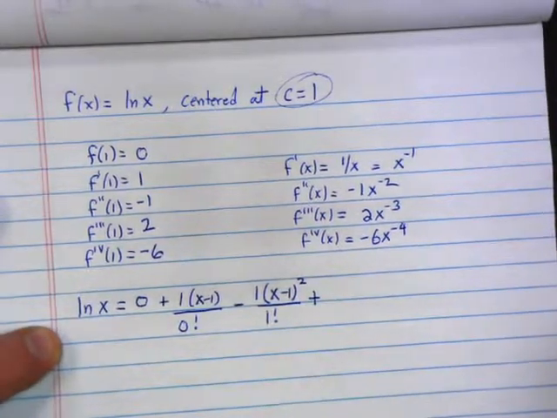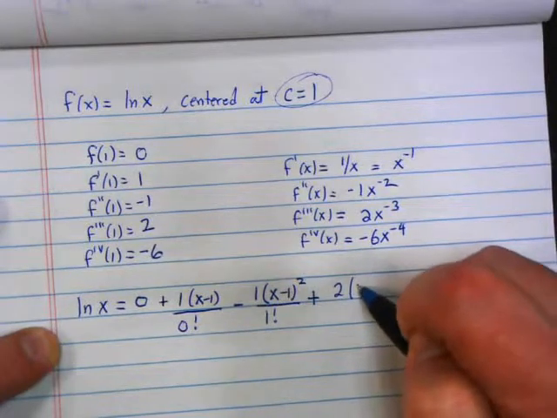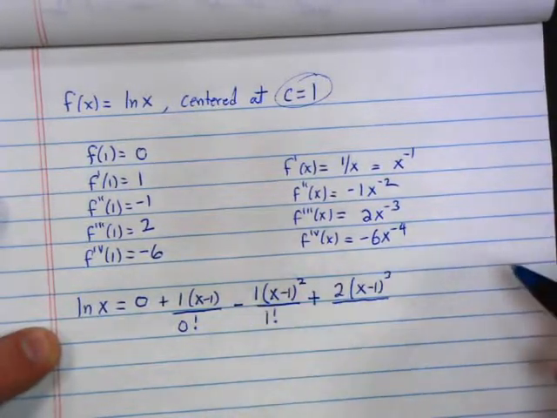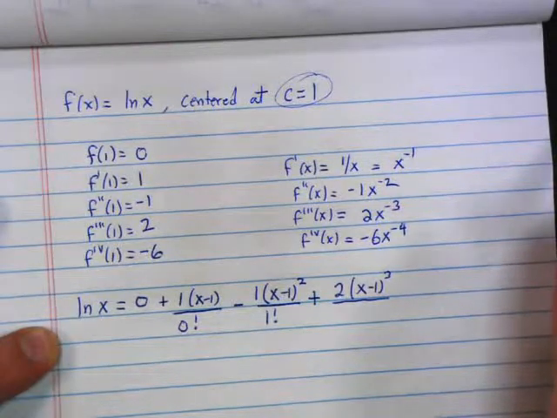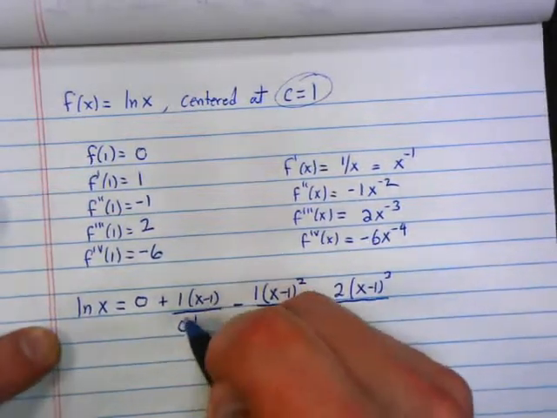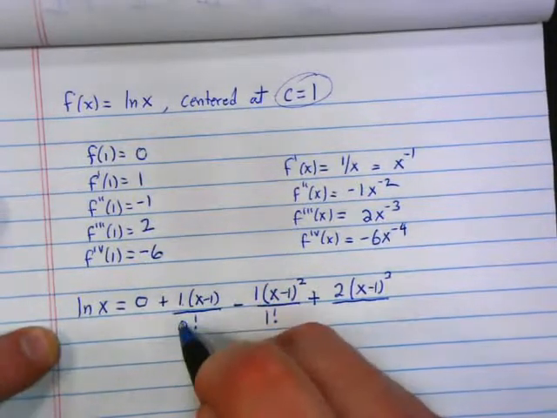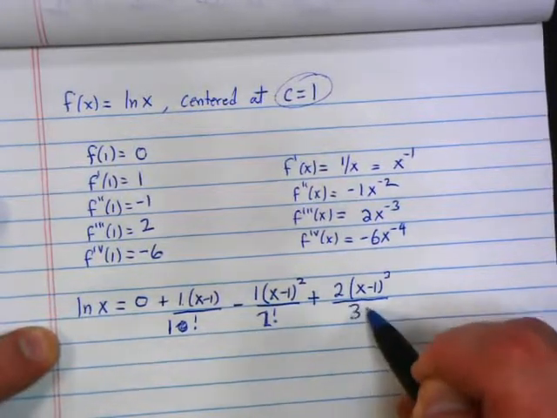Plus, the next one is 2 times x minus 1 cubed divided by, no, something's not right there. The power is supposed to match up with the factorial. So this one down here is 1 factorial, and then this one is 2 factorial, this one is 3 factorial.